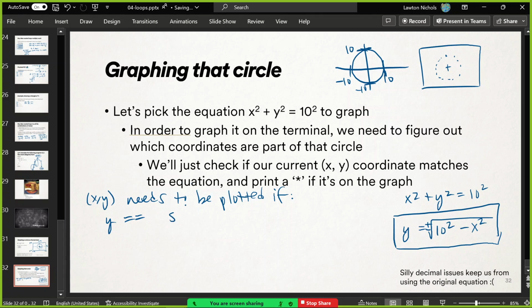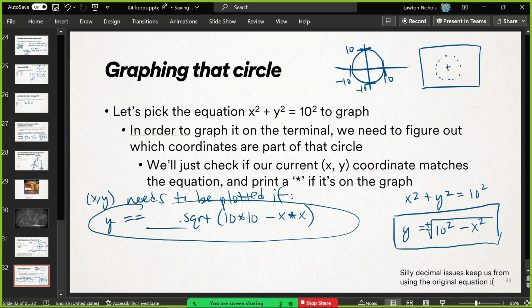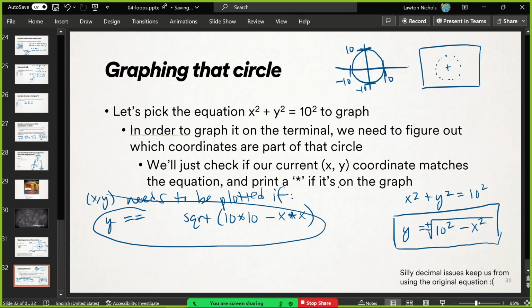The square root of 10 squared, I'll just do 10 times 10, minus x squared, x times x. I'll put this over here because I need to add something. And this will tell us if it's on our graph, if this is true. There's something secret I need to add here still, though. So does this make enough sense? If this corresponds to this circle equation, and this is true, it's a point on our graph.